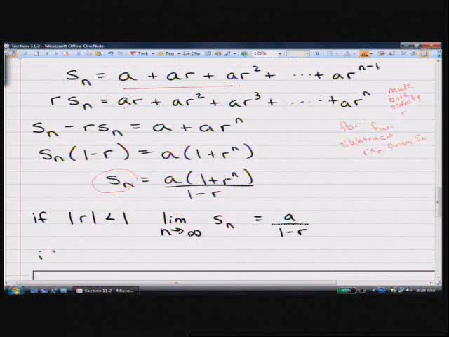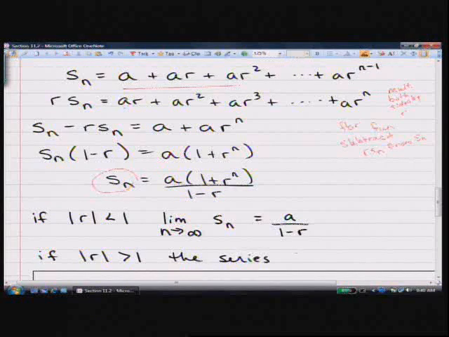Obviously, if the absolute value of r is greater than 1, the series diverges, because this will go to infinity. The limit as n goes to infinity of s sub n will go to infinity.